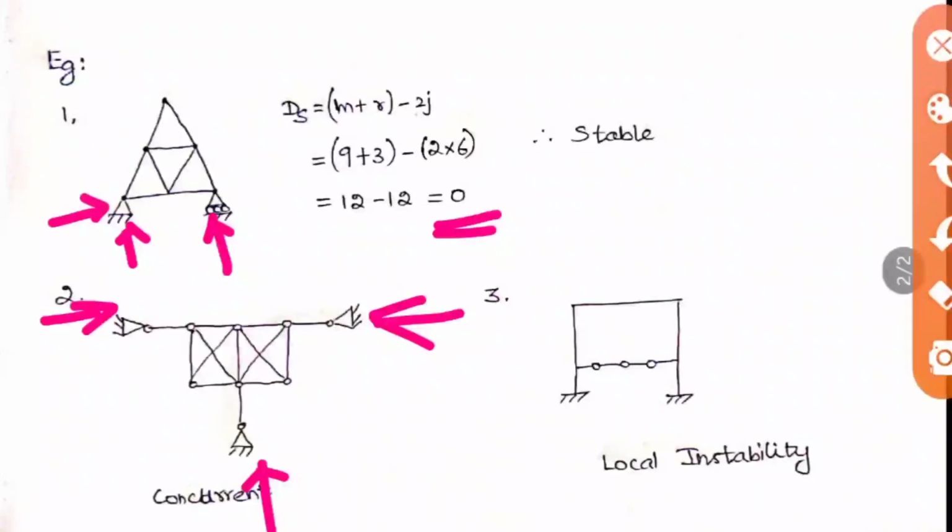In the third question, there are three hinges located in a single beam, in a single member. In this case the whole structure will break and a link-like structure will be formed, so obviously it is unstable. This is also called local instability.